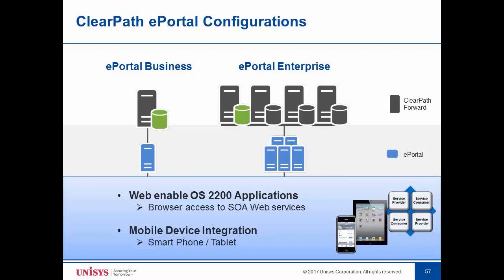Again, with the ePortal Enterprise, we now support a multi-node approach where there is additional resiliency brought into the multiple nodes. And the advantages of ePortal are all the same. It allows you to easily access your OS 2200 applications through a web browser or through a mobile device like a smartphone or a tablet, as well as to develop new SOA-based integration services for the web.